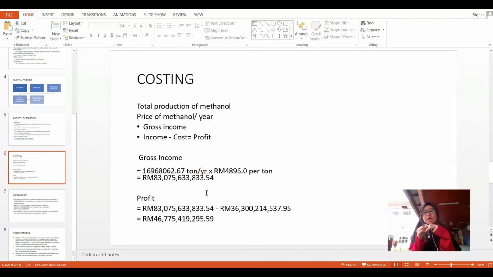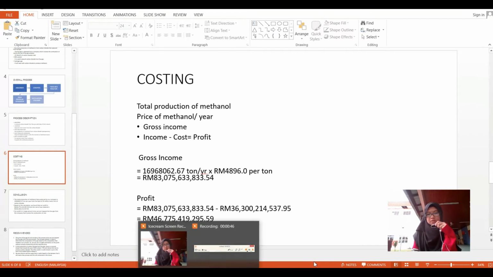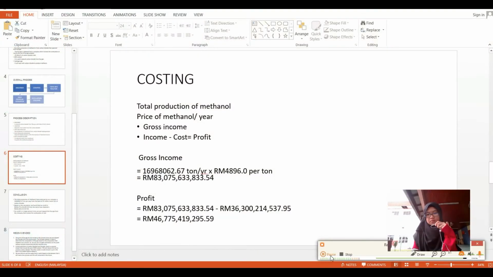And then we minus our costs, so we get the profit 46,775,419,295.59 ringgit. Okay, that's all from my part. Thank you.